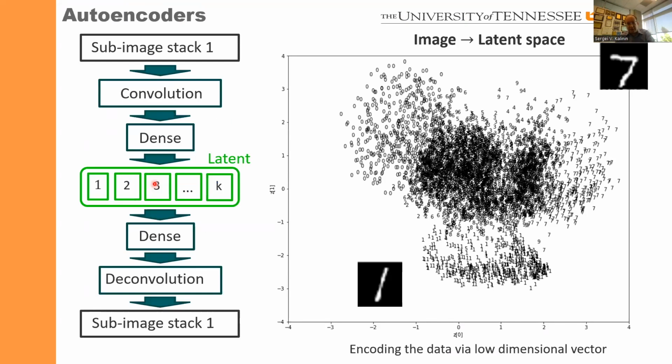So first, let's recap what the autoencoder is. Generally, autoencoder is the network where you have the input, so your input layer is structured in such a way as to accommodate your data, whether it is image patches or spectra.